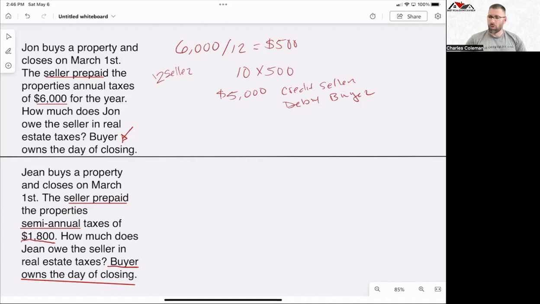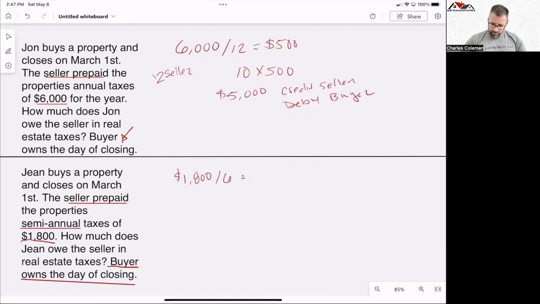So let's look at this thing. What we're going to do is go $1,800 again. So we're going to go with our total dollar amount, because that's how much money the seller has paid, $1,800 for the first 6 months. Again, this is semi-annual. So we're going to take $1,800 and divide it by 6 months this time.